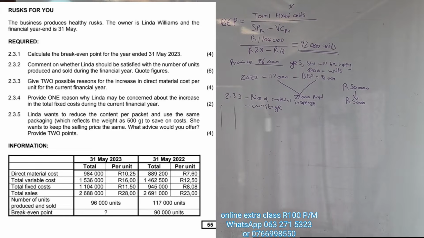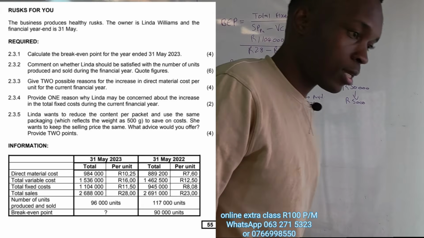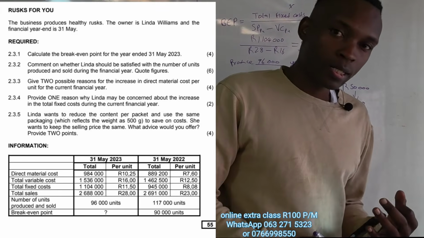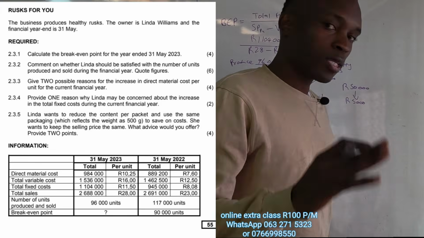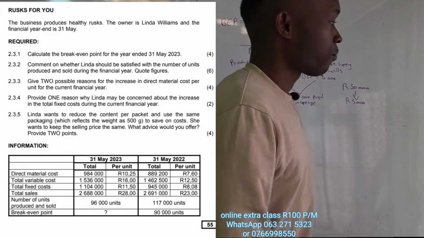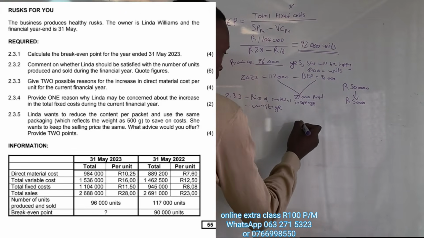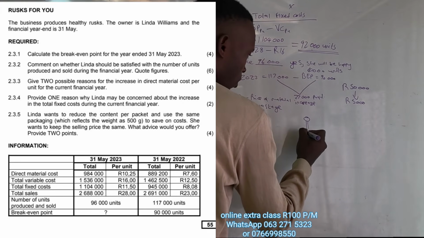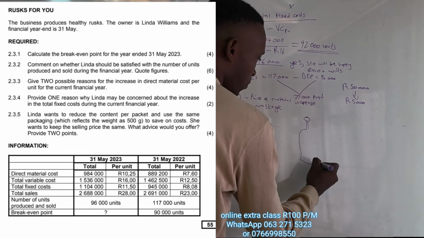2.3.5. Linda considers reducing the content per package, keeping the selling price the same. Guys, what they're saying here is that they're going to decrease the content. Let me give you an example of a 2-liter bottle of Coke. I'm not good at drawings, guys.